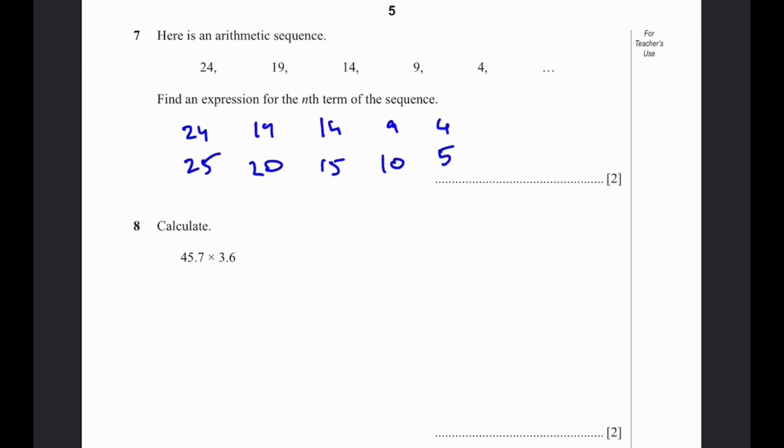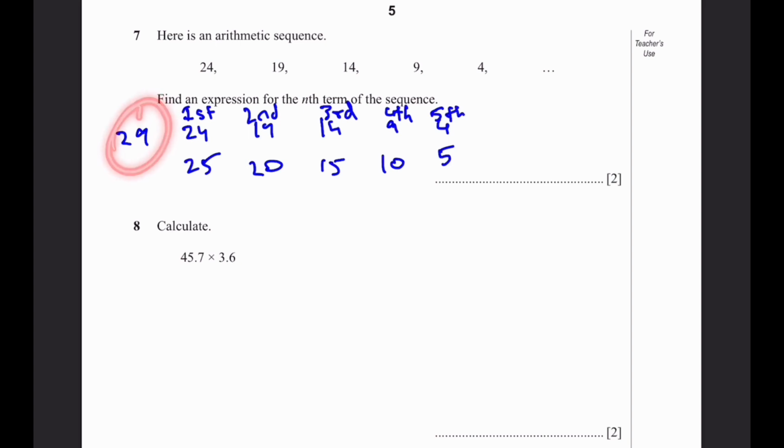So let's add a new number here, 29. Why are we adding 29? This is because this is the descending sequence. And we have 24 plus 5 is 29, so to make this easier, we're using that. And this is the first term, second term, third term, fourth term, fifth term.